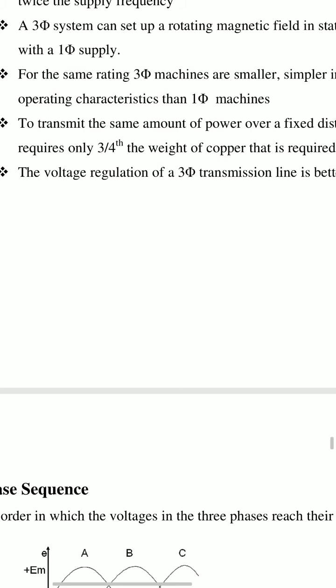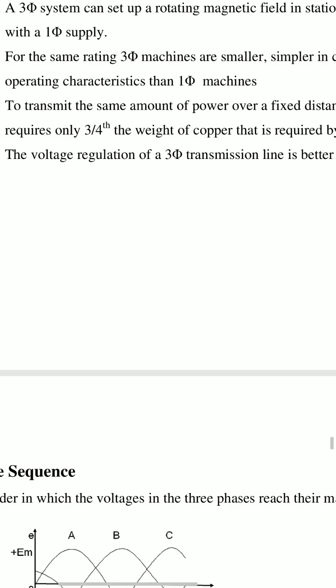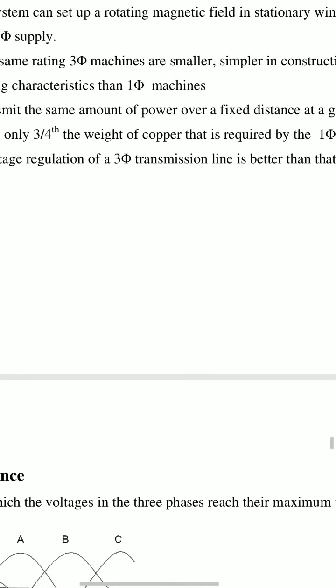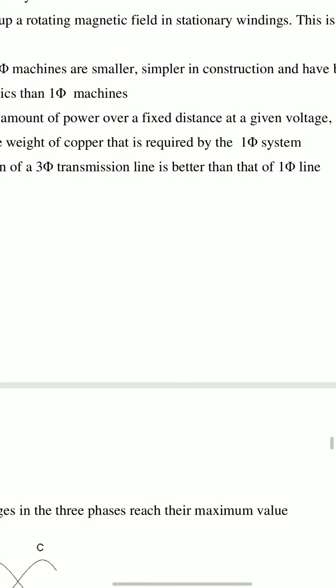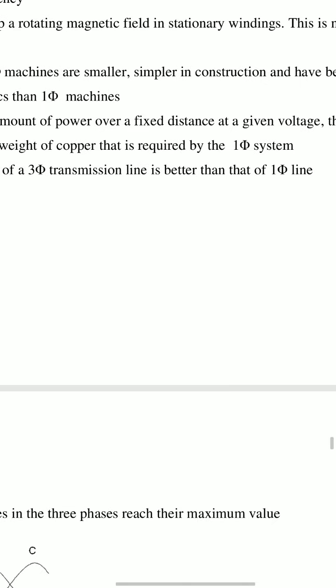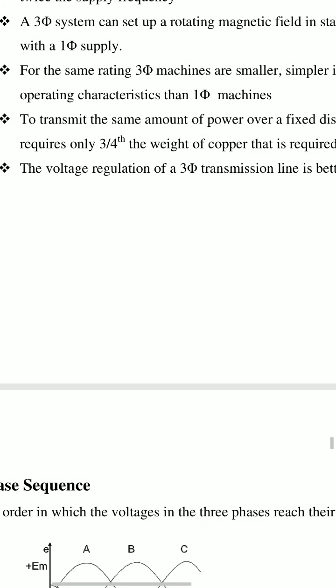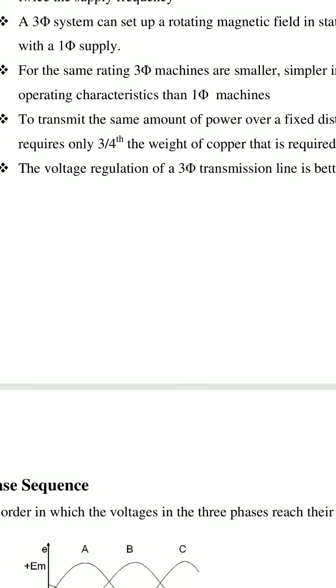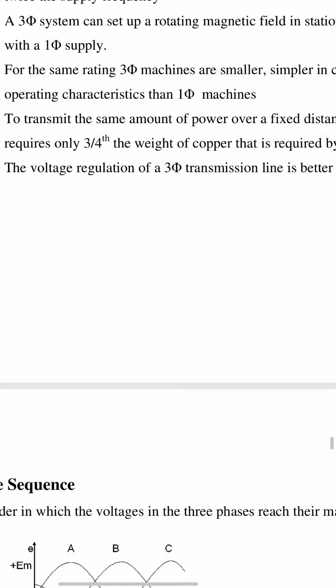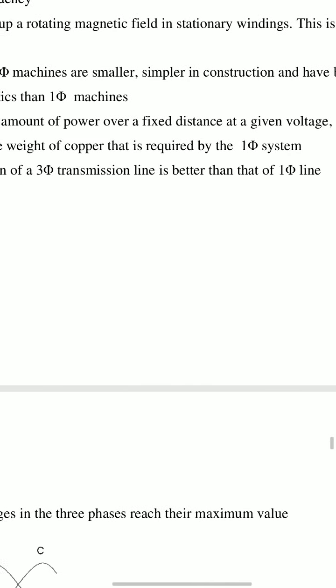Next, to transmit the same amount of power over a fixed distance at a given voltage, the three-phase system requires only 3/4 the weight of copper that is required by the single phase system.